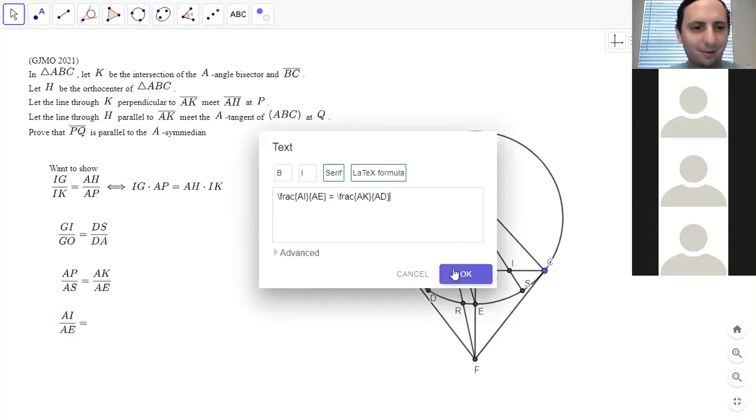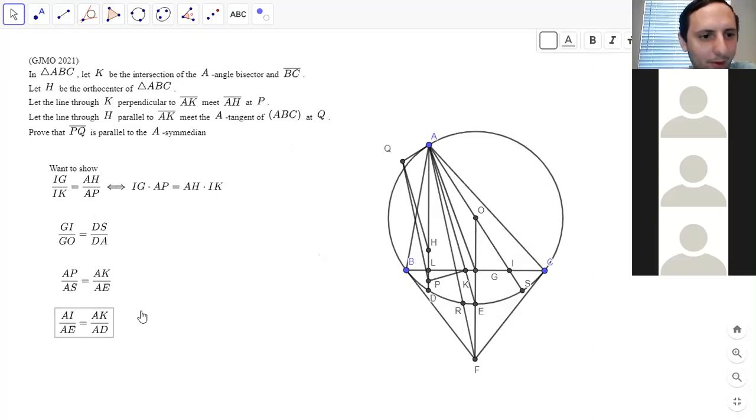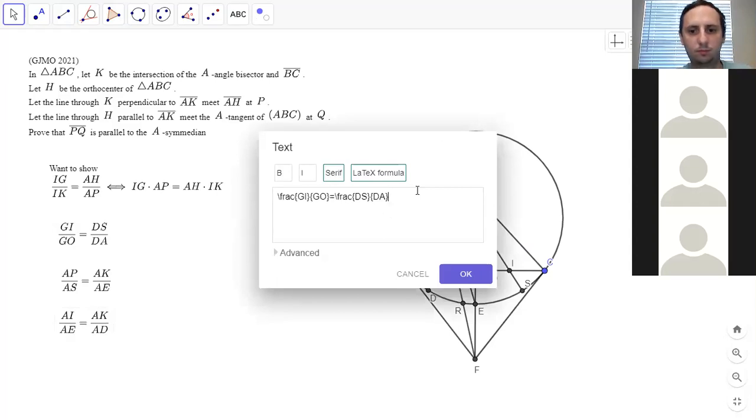I like this. It's just three similar ratios. You should write it as GI times DA is equal to DS times GO, because when you multiply the three things, it would be easier to look at.